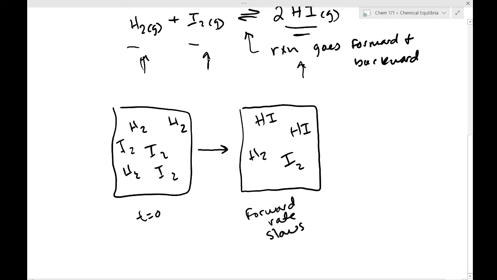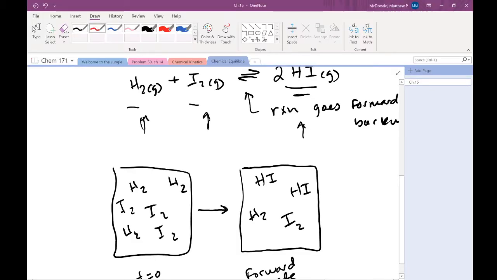It slows because there's not as much of the reactants left for the forward rate. All of those reactants except for one hydrogen and one iodine have disappeared.